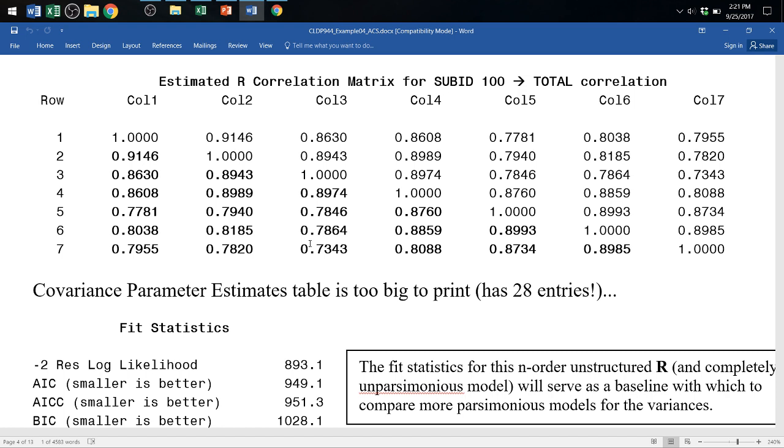Now, I do want to point out something. Check out the last one here. Between row 7, column 1, that's week 2 and week 8 of this study. The furthest apart in time is still 0.8. So I know right from that, AR1 is not going to fit. AR1 would predict a correlation by then that would be R to the 7th, which would be probably near 0.